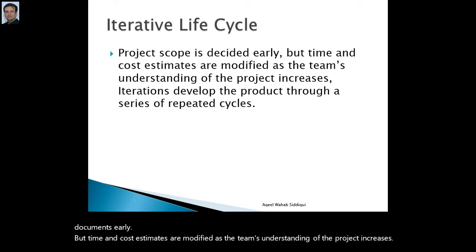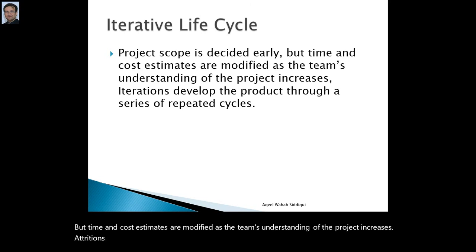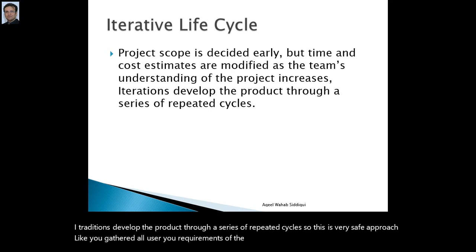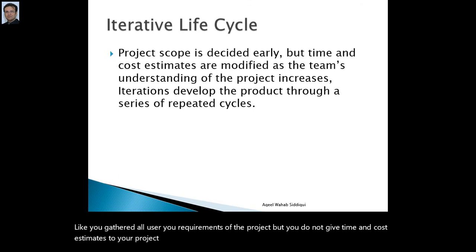Iterations develop the product through a series of repeated cycles. So this is a very safe approach. You gather all your requirements of the project, but you do not give time and cost estimates to your project sponsor or higher bodies.